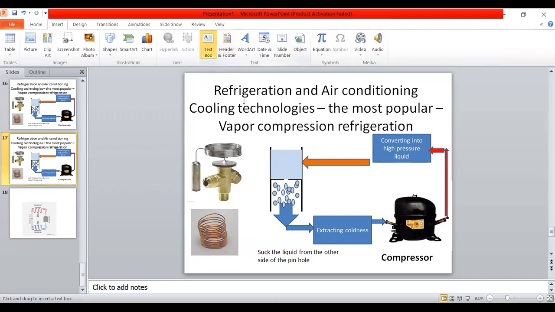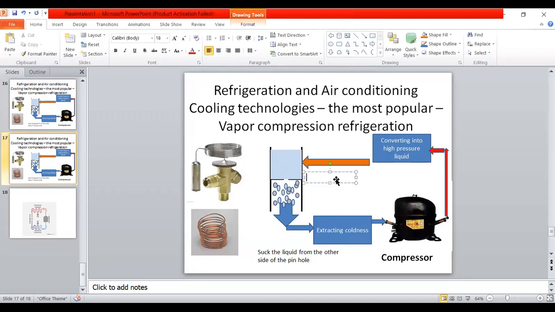So you must have liquid here. That's why in this flashing device, a liquid seal is a must. See the hole here, the pinhole is sealed with liquid. So liquid seal is a must. Okay.